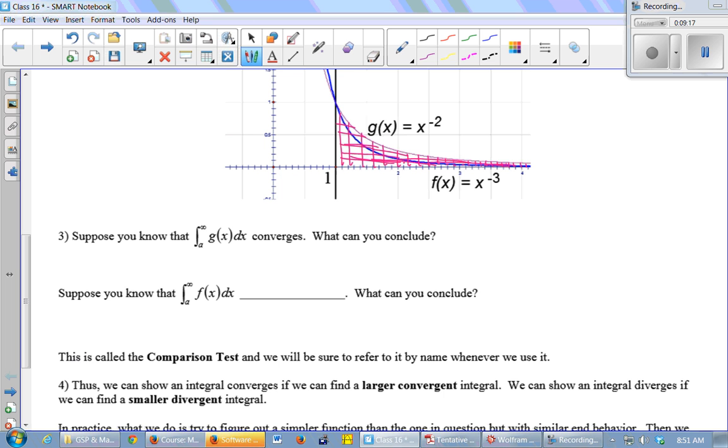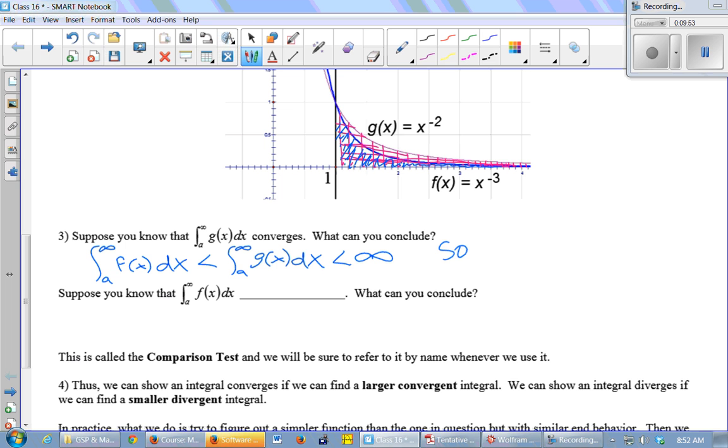Okay, so we're assuming we know that the area shaded under G is finite. The area under F is smaller than the area under G. There is less area under F than there is under G. So I can conclude that the integral from a to infinity of f of x dx is less than the integral from a to infinity of g of x dx, which I know is finite.